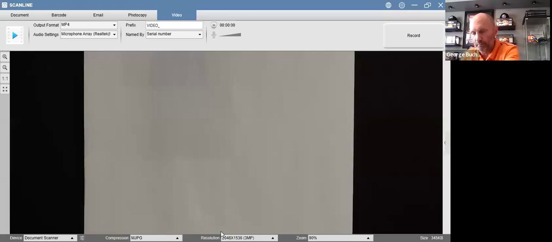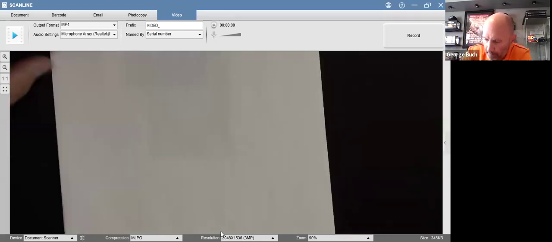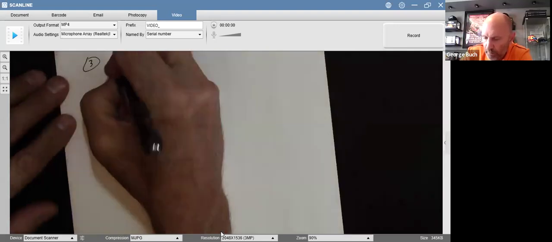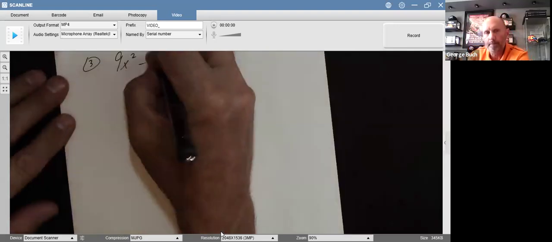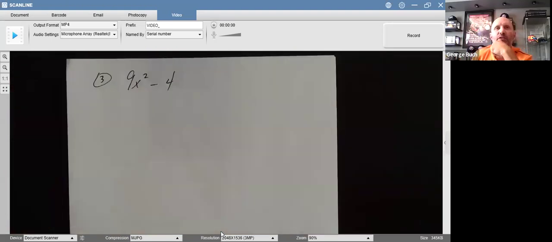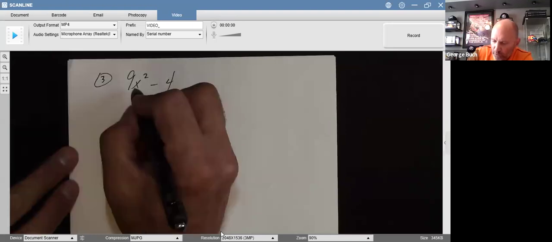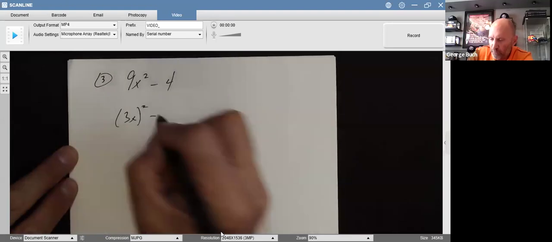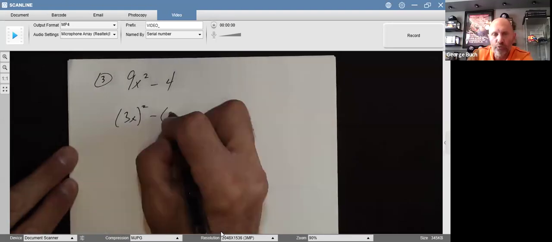Number 3. So factor 9x squared minus 4. Wait a minute. I remember George telling us if I see two terms and a minus sign, ask myself, is this a difference of squares? Well, 9x squared could be written as 3x squared, and 4 can be written as 2 squared.